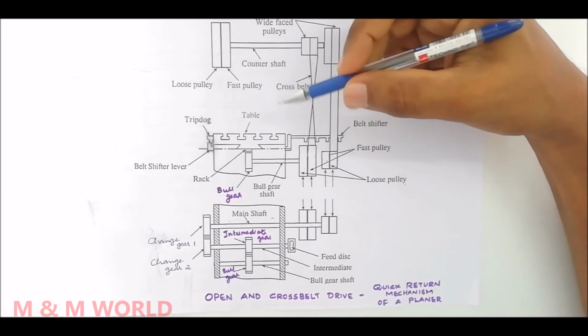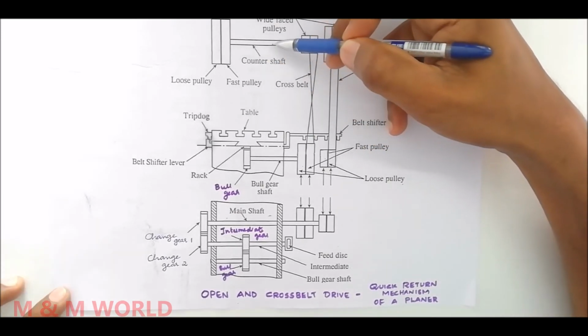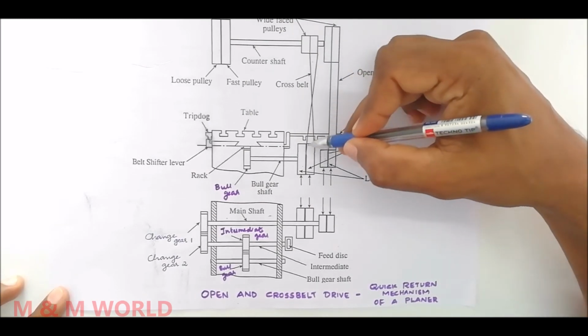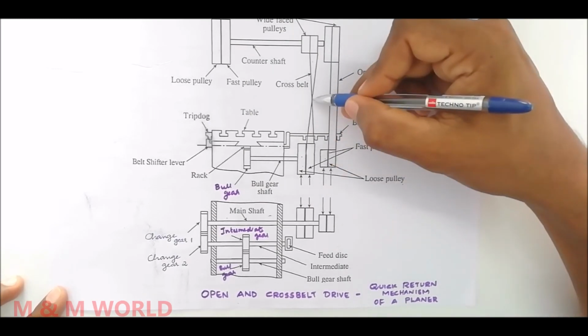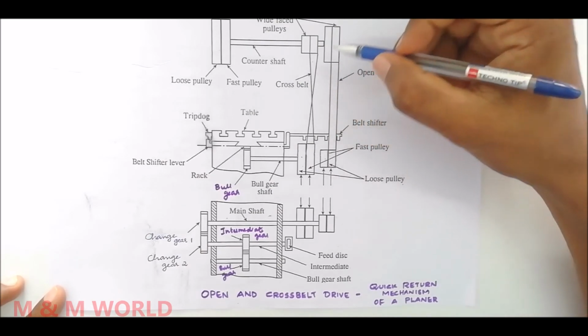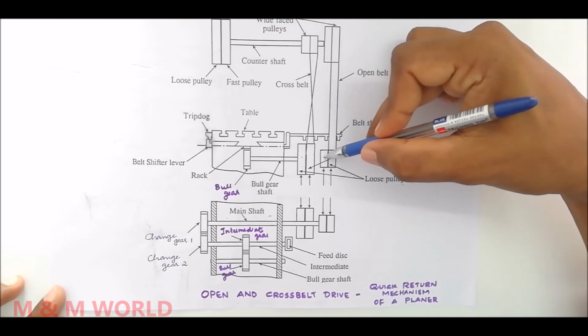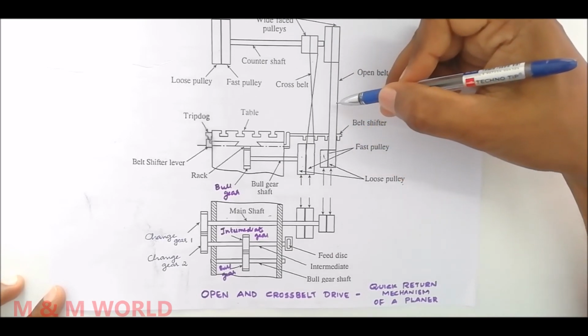Now when the counter shaft rotates, this smaller pulley is connected to the loose pulley through the cross belt, and the larger pulley on the counter shaft is connected to the tight pulley through the open belt.